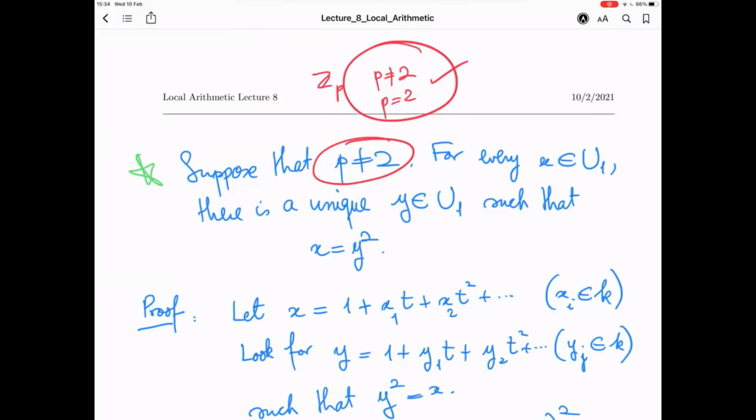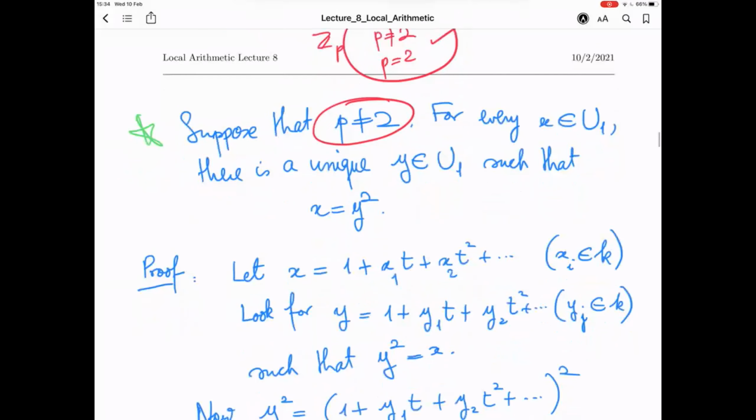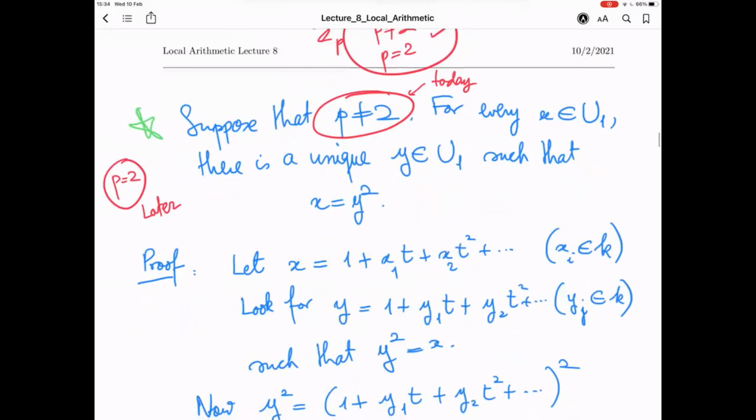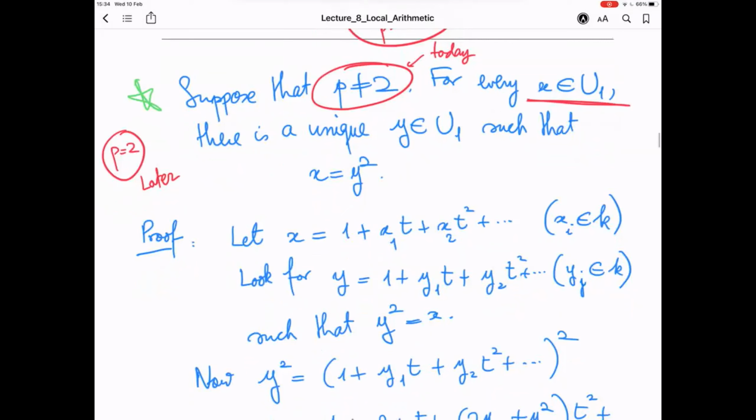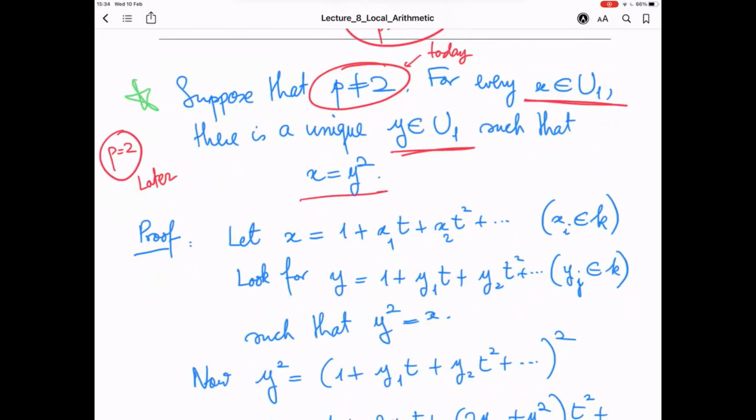The case p equal to 2 is a different theory, which we will come to later. So not today, but this is the assumption throughout today. So take a prime which is odd, and if I have an x in U_1, then there's a unique y in U_1 such that x is equal to y squared.